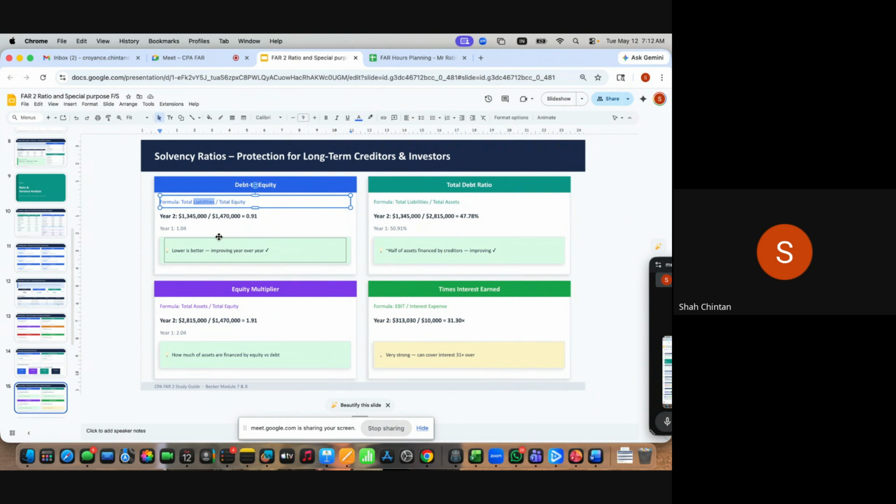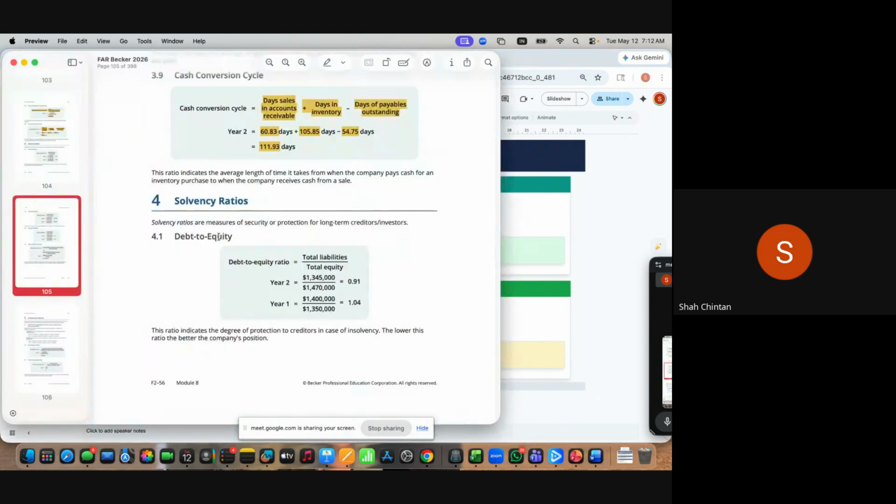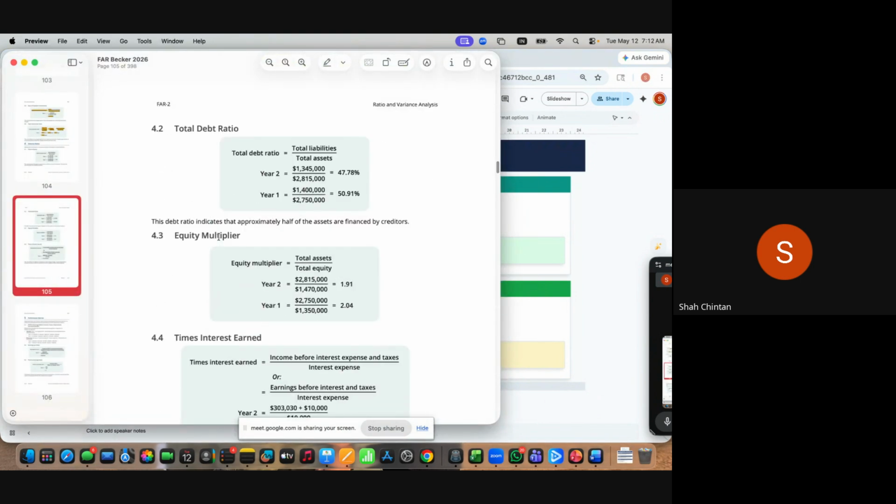Whereas you want liabilities to be as low as possible. Why? Because of interest expense जो है आप उसको avoid करना चाहते हो, and you can maximize the equity's wealth. So the formula for total debt is total liabilities divided by your total assets. क्विकली देख लो एक बार दूसरा फॉर्मूला टोटल डेट रेशियो.